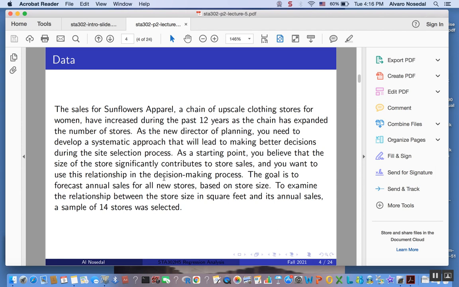And we have a small sample of 14 stores to study this relationship. As you can imagine, the idea would be trying to predict sales from store size.